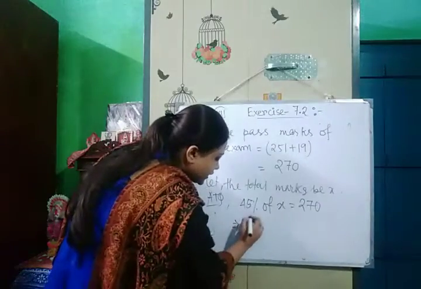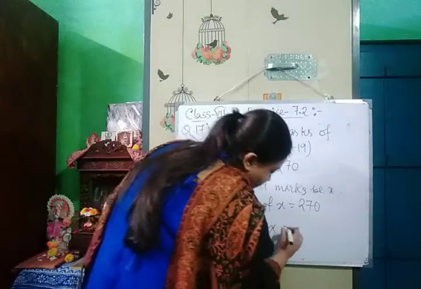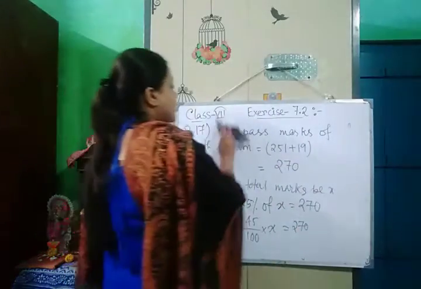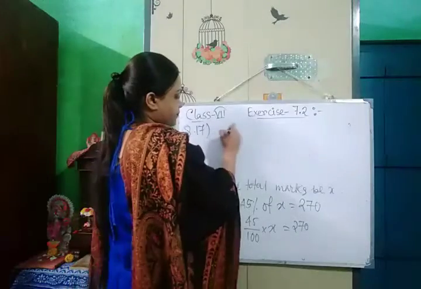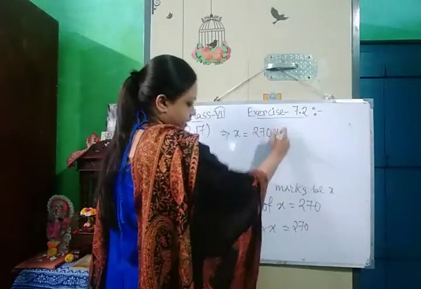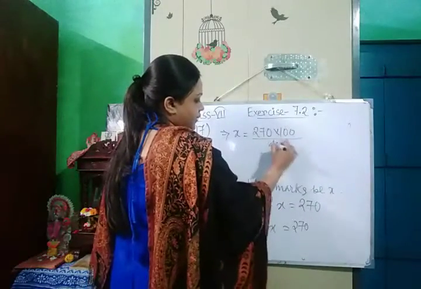Now we can convert this 45% to a fraction. Of means into. x equals 270. Now we will do cross multiplication. x equals 270 into 100 divided by 45.